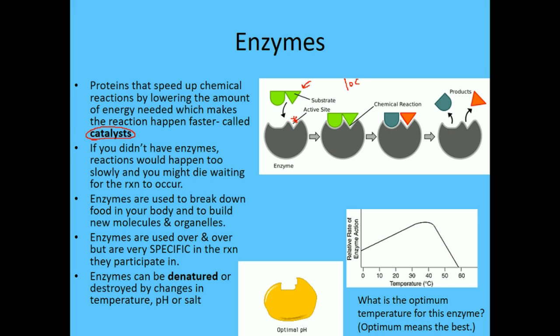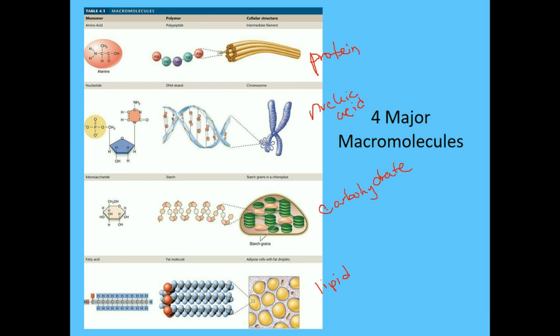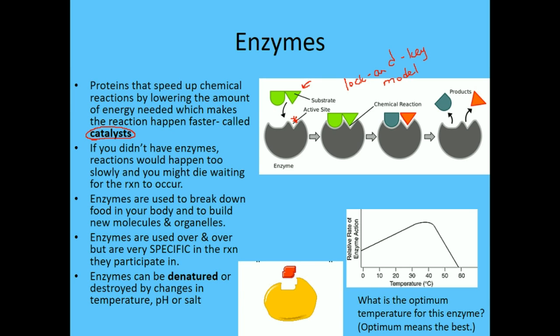We call this the lock and key model, which basically means that one key fits in each lock. So there's one substrate basically for each enzyme. A biochemical reaction will take place, and each substrate is very specific to its enzyme. Now if we go back a slide, if you notice down here in this little GIF, we're lowering the pH of this particular thing, and the enzyme is basically changing shape.